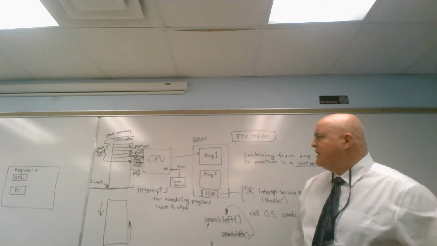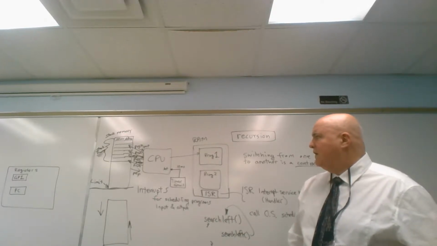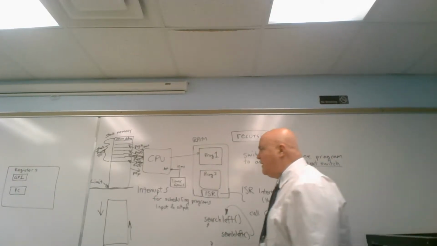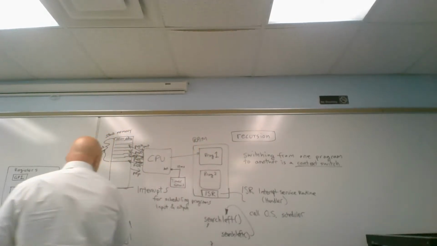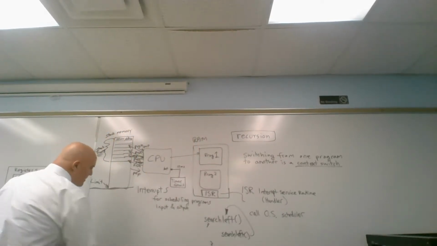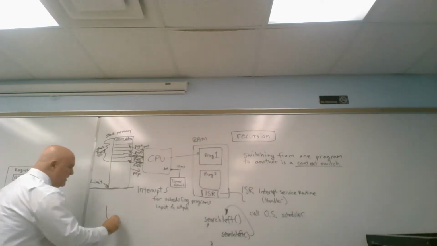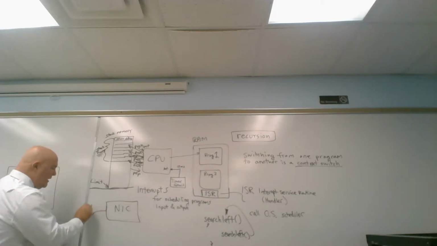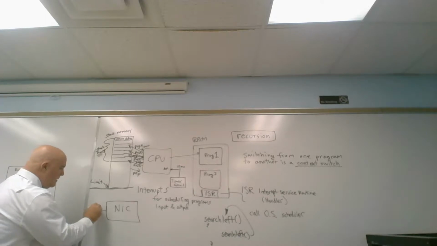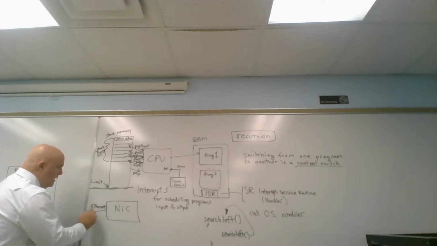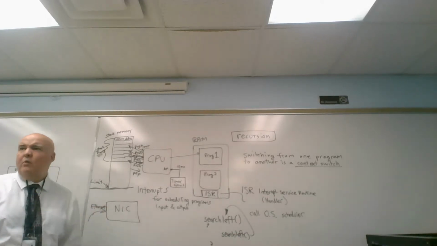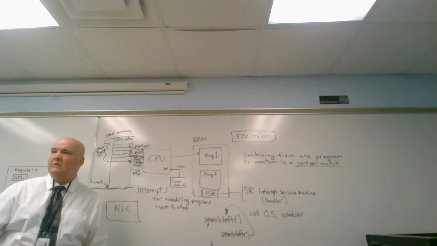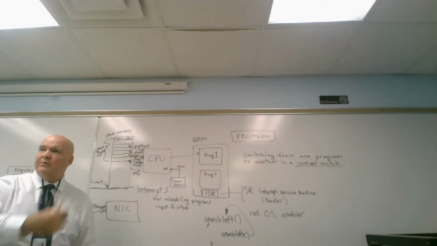Here's the other use of interrupts. If we have an I/O device, let's say we have the NIC interface, the network interface, and that network interface is connecting out to an Ethernet here. And every once in a while, a frame comes in that's for our computer, right?